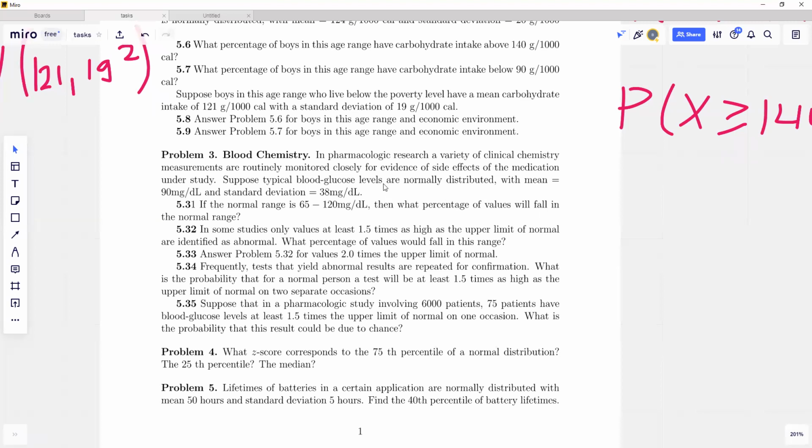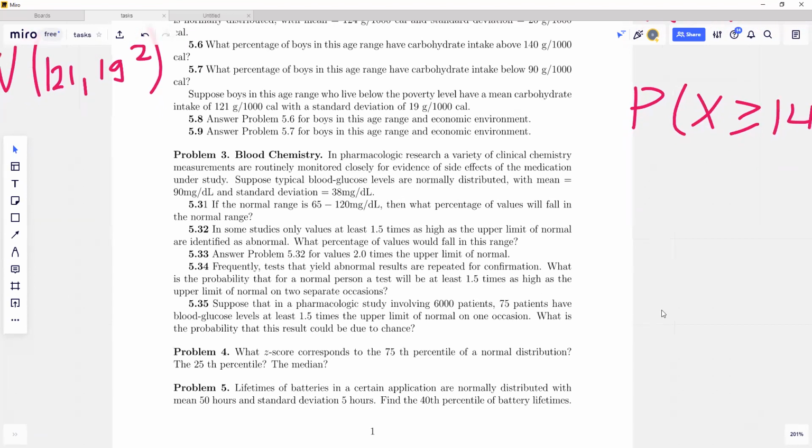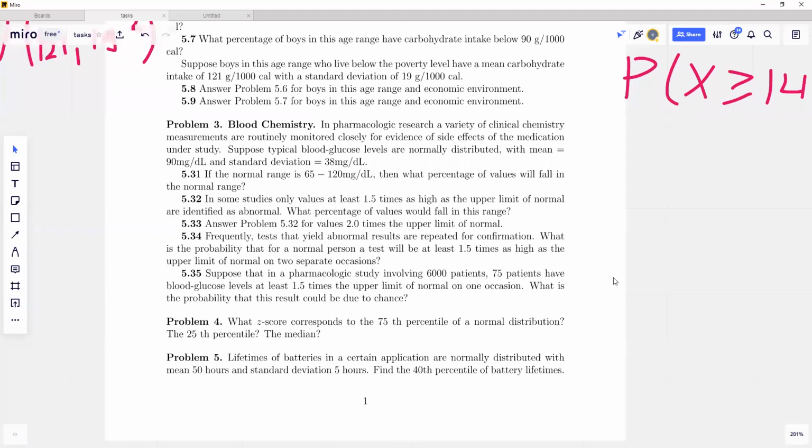Try to solve it at home. Try practicing working with spreadsheets or R or tables. I would not recommend using tables since you'll be slower than if you were to use Excel or spreadsheets or R. Okay, you will be allowed to use spreadsheets and R on exams and quizzes, right?